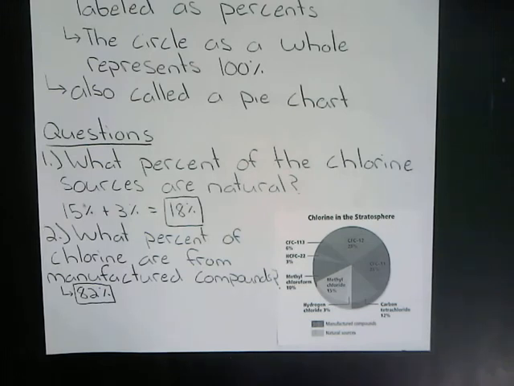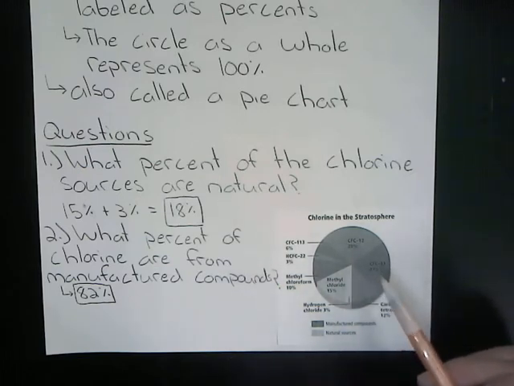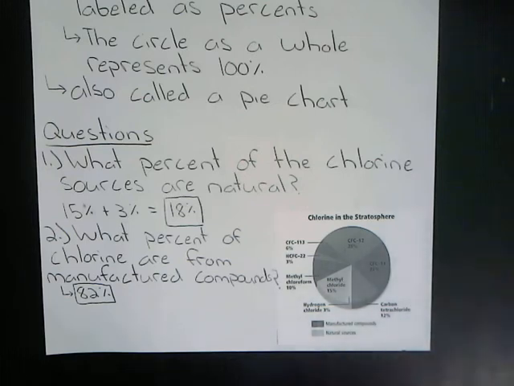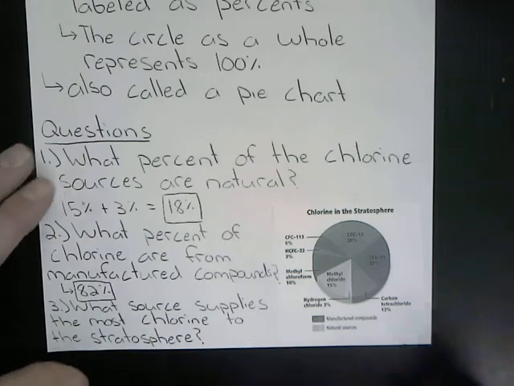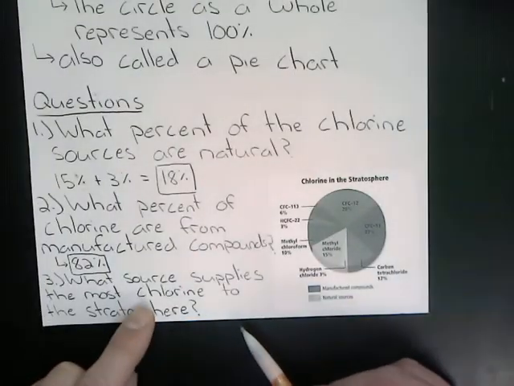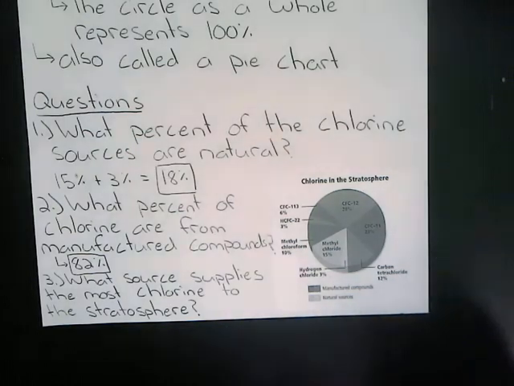Now our last question here is, what source provides the most chlorine to the stratosphere? And so to find this answer to the question here, again, the largest source, what we're doing is we're looking for the largest chunk on this pie chart.